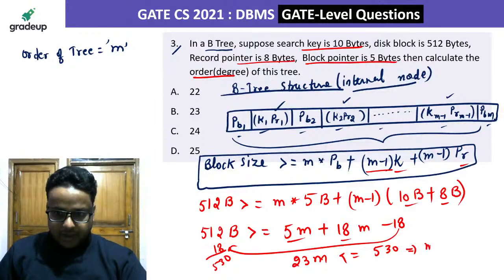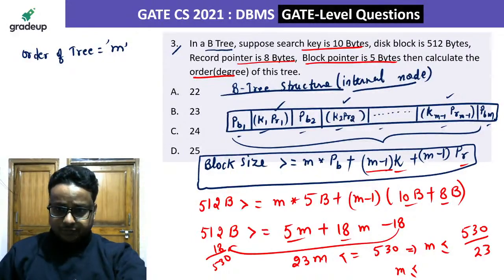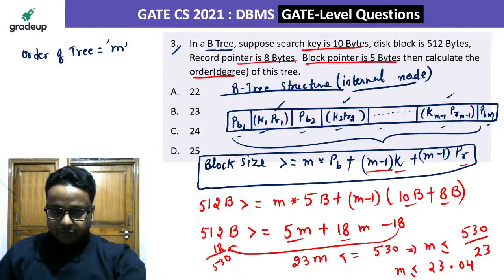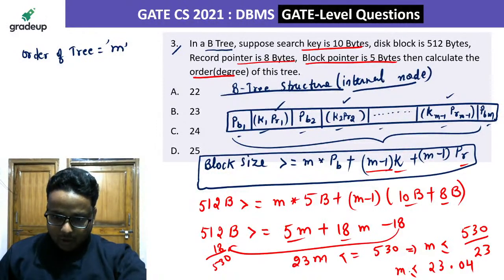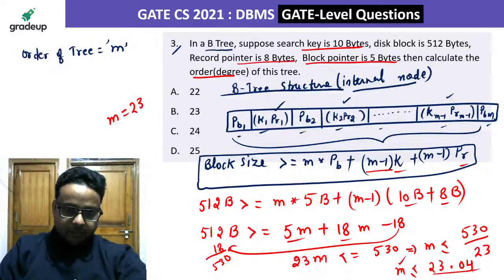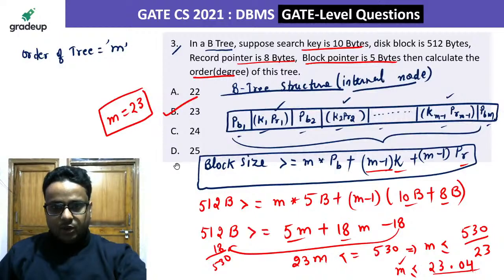From this you can calculate m is less than or equal to 530 divided by 23, which is around 23.04. Because m should be less than this, you cannot take 24. So you have to take m equal to 23, because if you take larger it will create a problem. So the answer of this question will be option number B. Right, everybody?